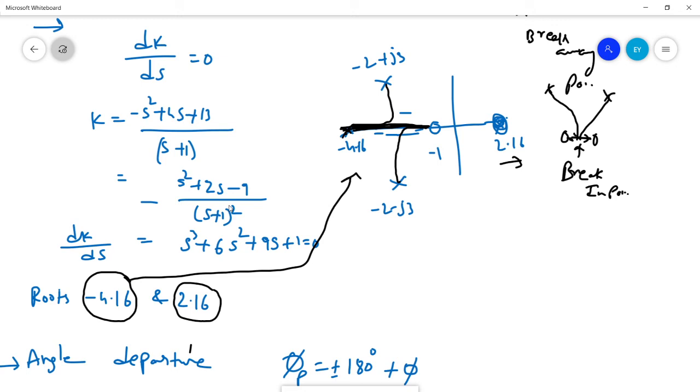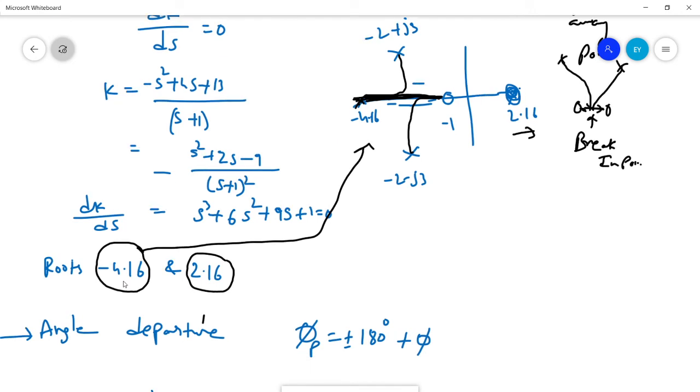Therefore we will consider -4.16, which is somewhere here. So the break-in point is -4.16.